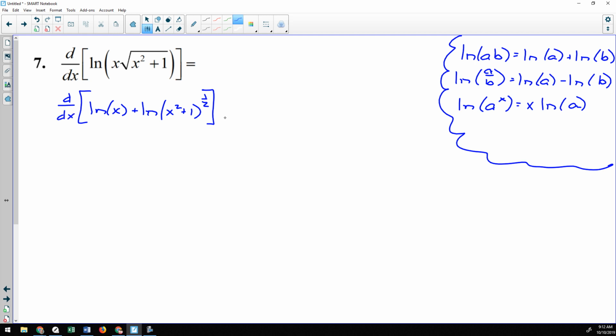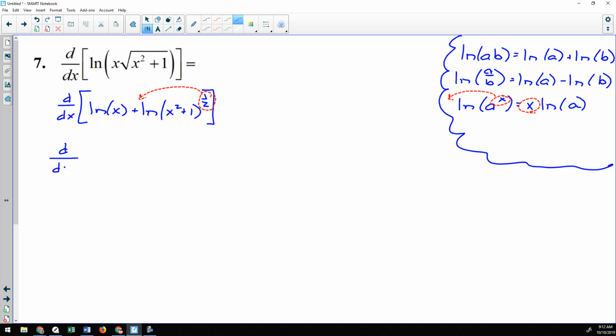But I'm not going to stop there, because I see now that I have a natural log, and this argument of x squared plus 1 has an exponent. So just like I pulled this x to the front right here, and made it a coefficient of the log, I can do the same thing with that 1/2. So I'm going to take that 1/2 and put it in front, and now my derivative, notice I haven't done any calculus yet.